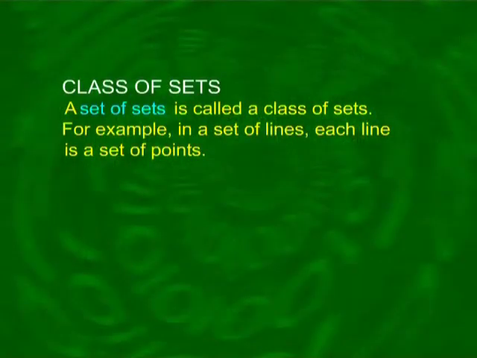The next concept is that of the class of sets. By a class of sets, I mean a set of sets. For example, if you consider the set of lines, this is a class of sets because each line itself is a set of points.